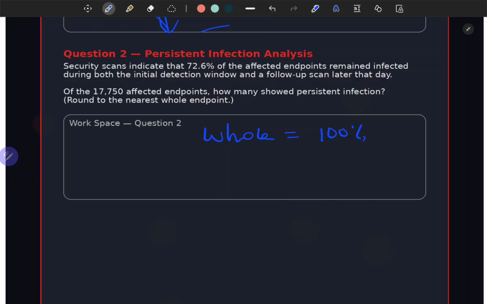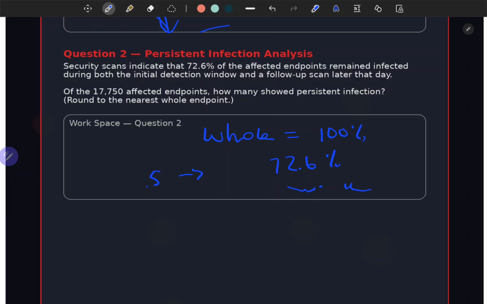Another thing that can help us is when we're trying to set up math equations with percents. We have to remember how to convert percentages into decimals, right? And how to convert decimals into percents. So to do that, we have a decimal point. We're either going to move it to the left or to the right 2 places, right?